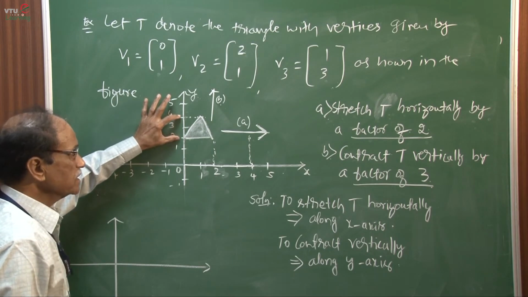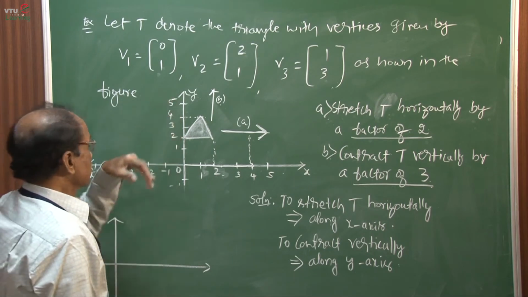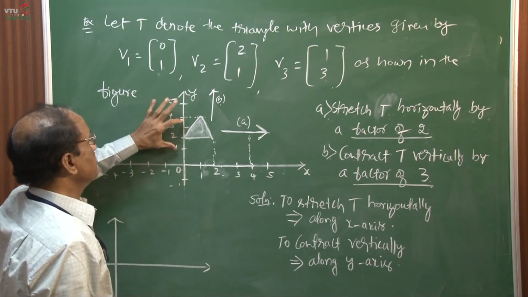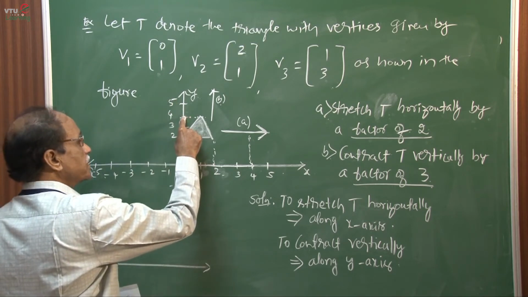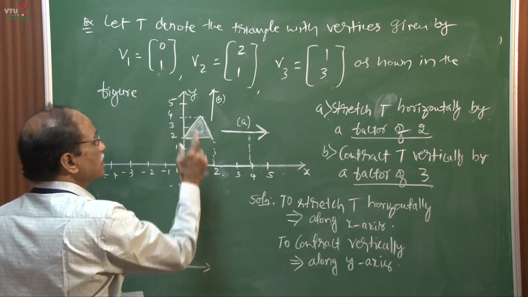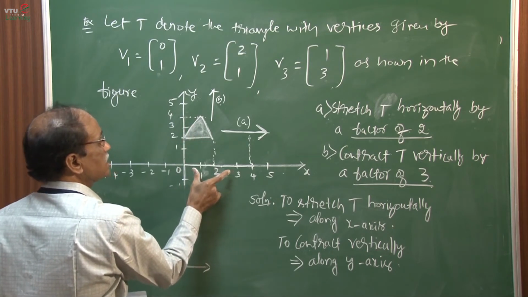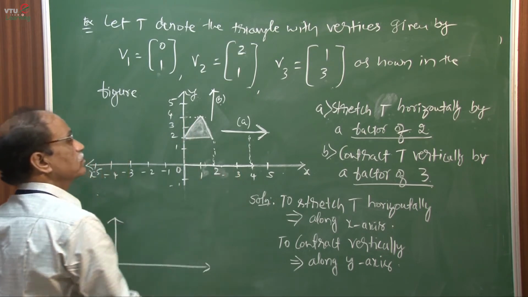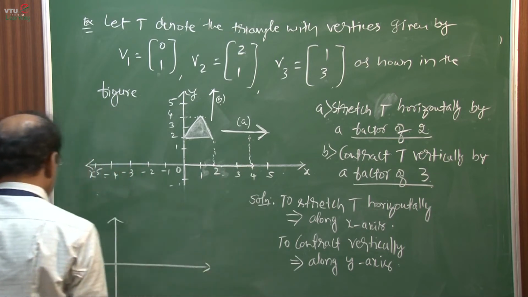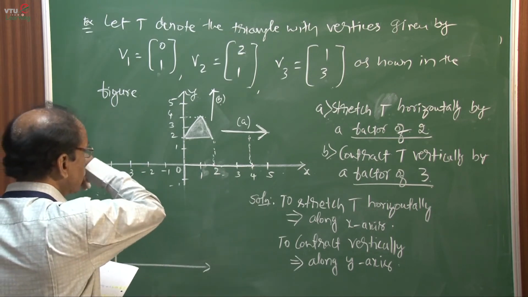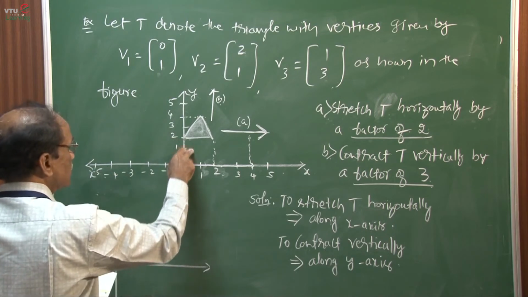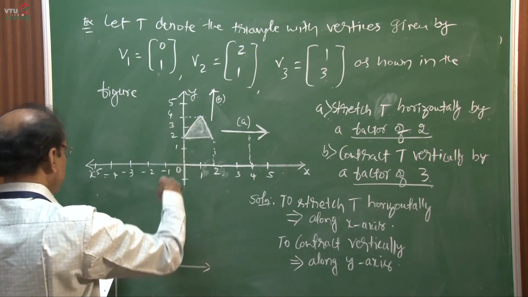There are 2 spacings, and that is 3. So 3 means one spacing you have to make extra for the vertical contracting, and for horizontal stretching 2 spacings you have to give, that is up to 4. Therefore, the diagram which you can expect goes up to 4, and this will go up to 3, that means 1 contract. So 1 contract by 3.